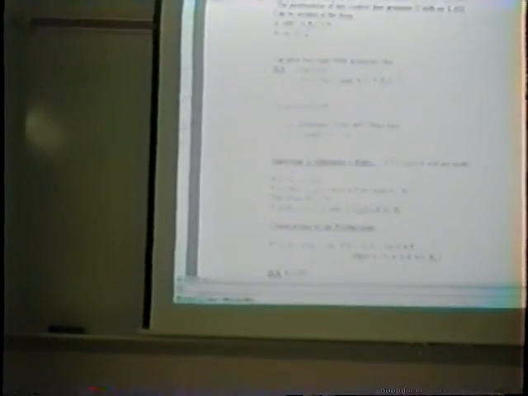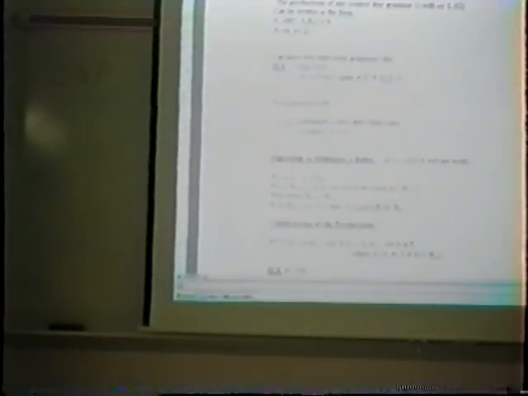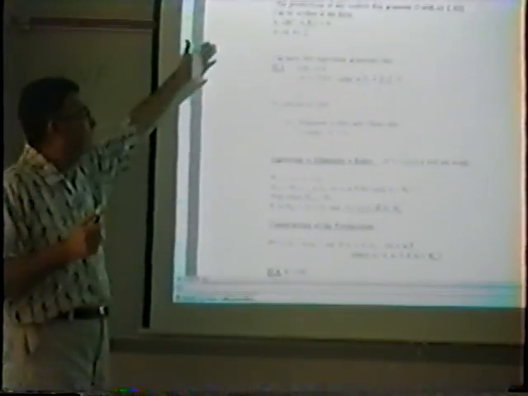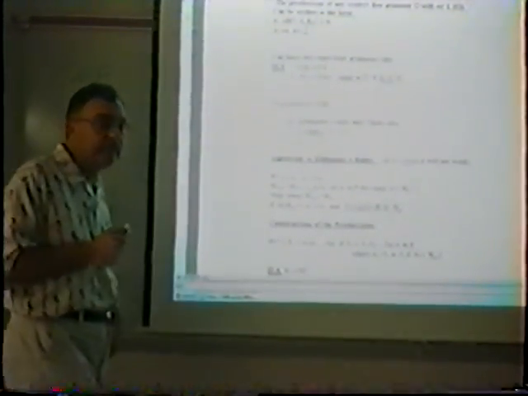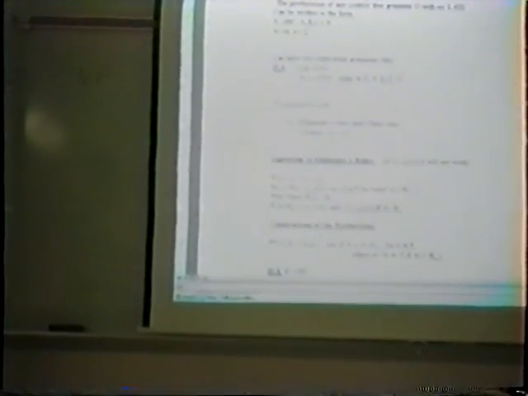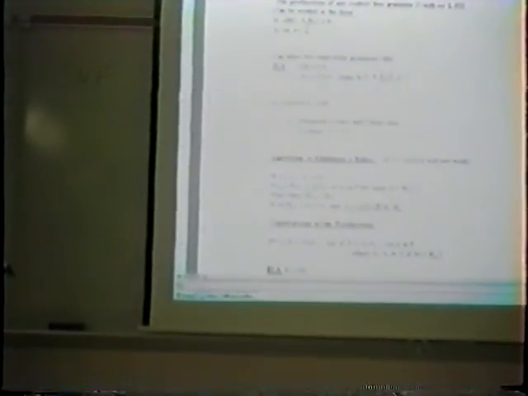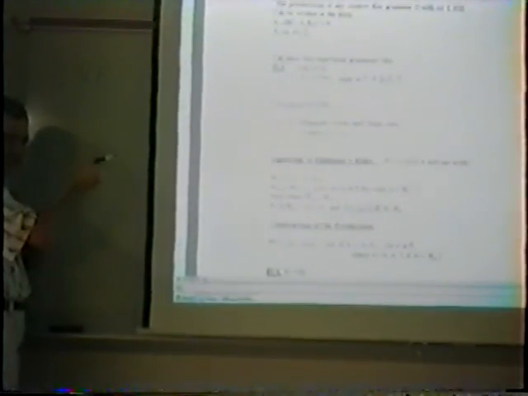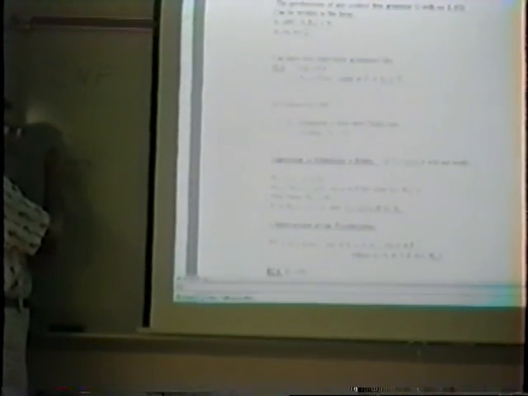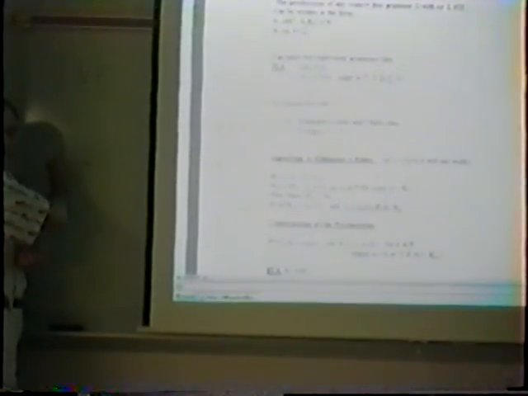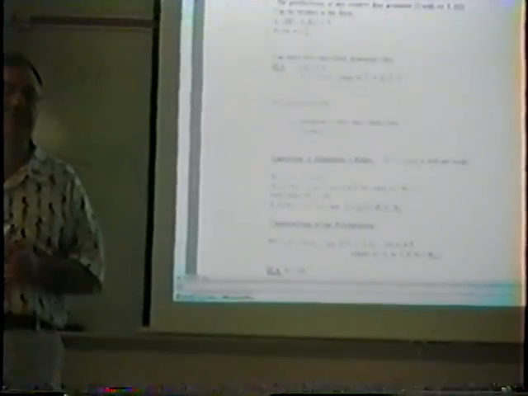A context-free grammar is in Chomsky's normal form if every rule looks like that. Like what? Well, first of all, it's context-free, which means on the left side, you must have exactly one non-terminal. I cannot change that.